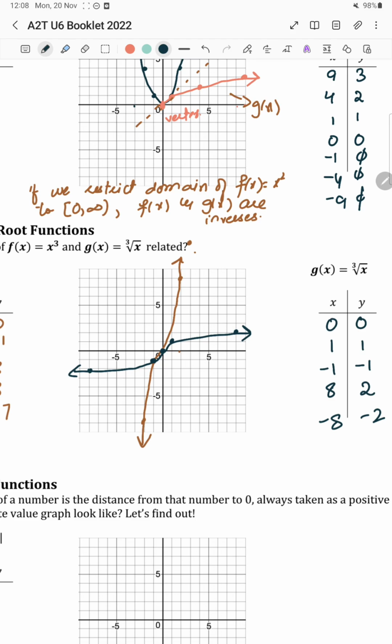Okay, so this is the center, and in this case f of x and g of x are inverses.